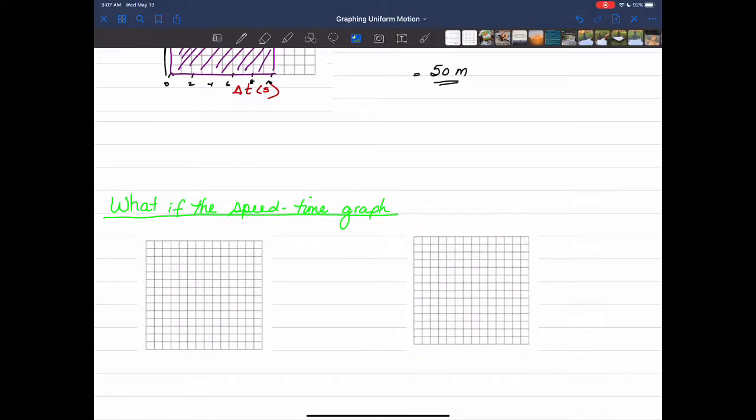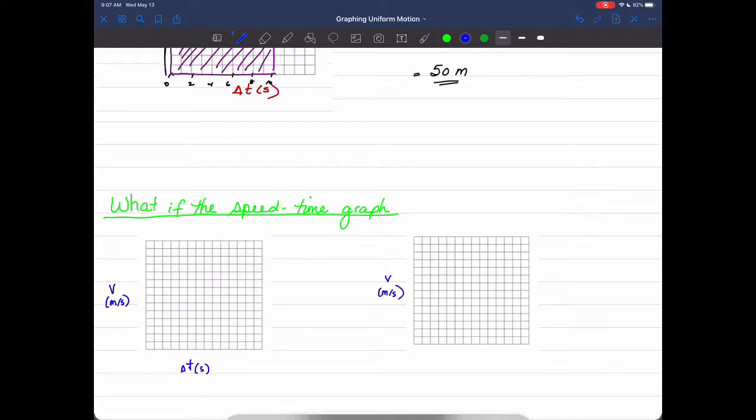So we know what it looks like when it is uniform, but what if I have this time, speed in meters per second, change in time in seconds? And all of a sudden, I don't have a graph that looks like that. What if I have a graph that changes its slope?